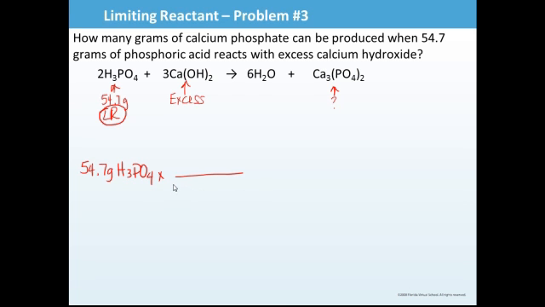Phosphoric acid, we have to calculate the molar mass of phosphoric acid. All right, we have 4 oxygens plus 1 phosphorus plus 3 hydrogens.